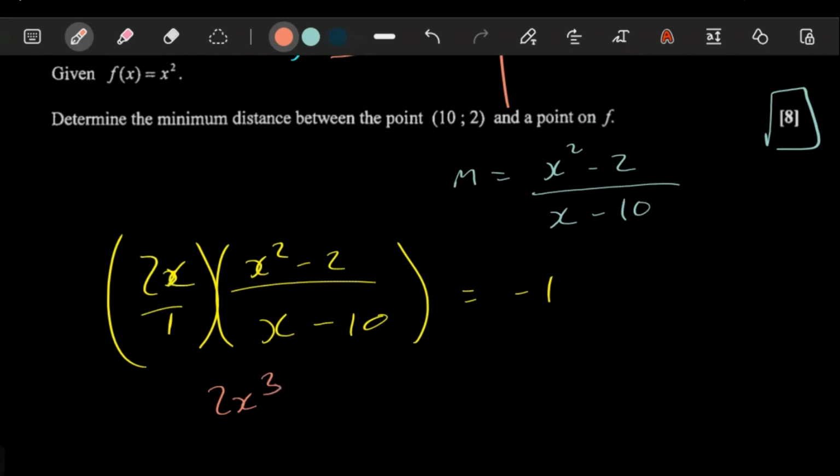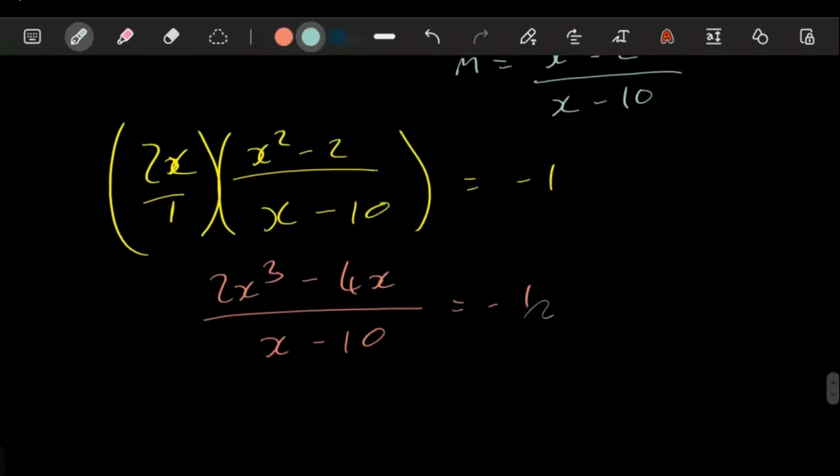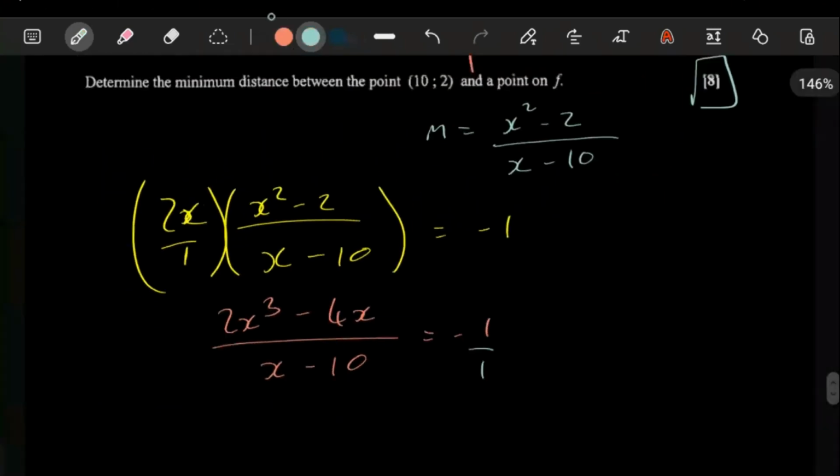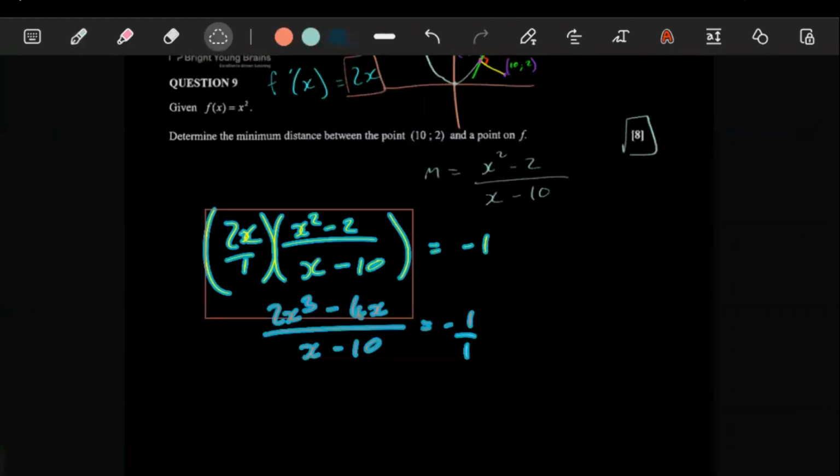This times this gives you 4x, and then the bottom part, 1 times everything at the bottom here. This is all that you have, and then this is supposed to be equal to -1. Let's put it over 1 so that we have a fraction and a fraction.